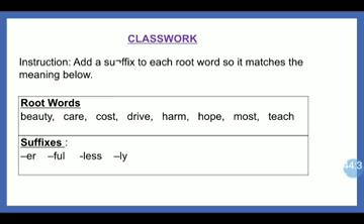Here we have 8 root words and 4 suffixes. Each of these suffixes will be used twice. So the root words are beauty, care, cost, drive, arm, up, most, and teach.